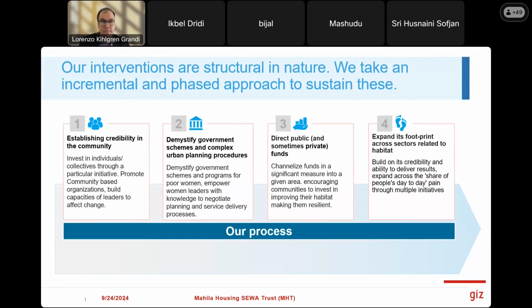We demystify the government schemes and complex urban planning procedures around that, and then give them a space to talk to the government so that they bring in largely government investments. And in developing countries, it is one by one. First they get water, then they get electricity perhaps, and then housing. So the house at one go doesn't come. It is over a period of time. Can we have the next, please?